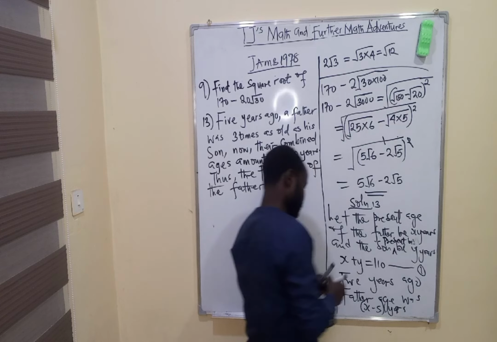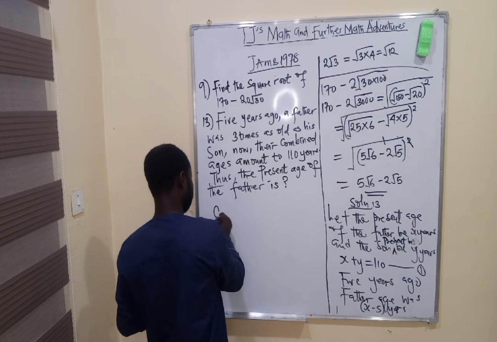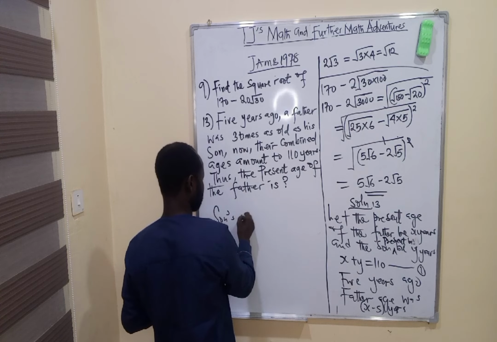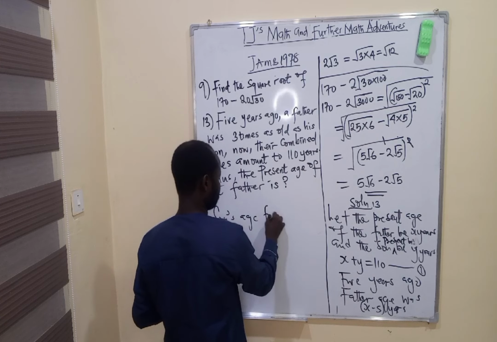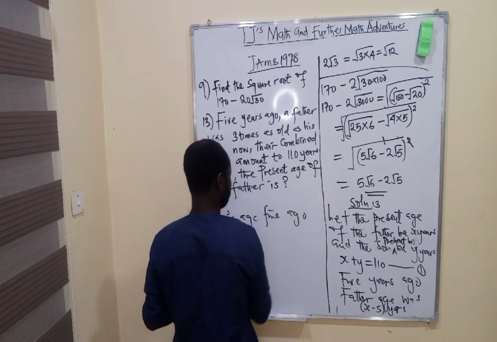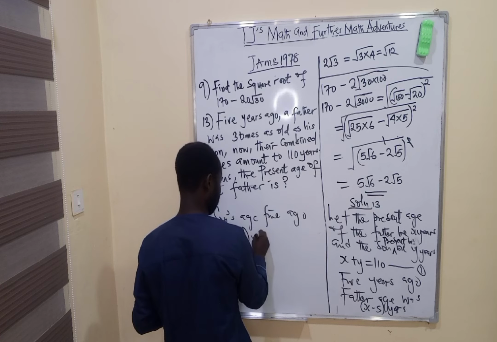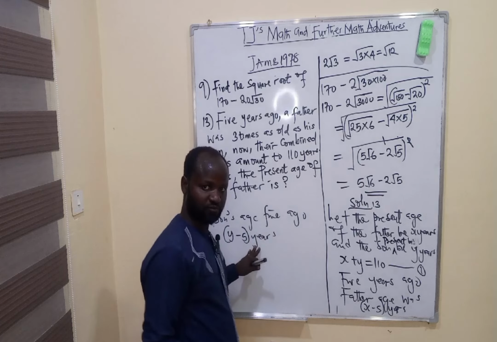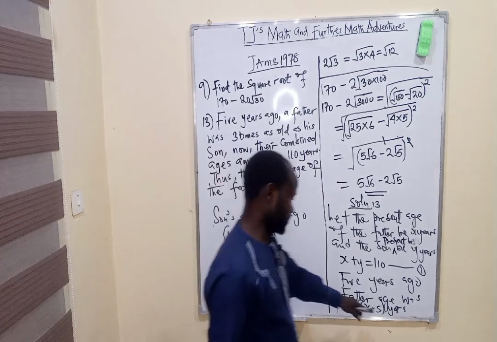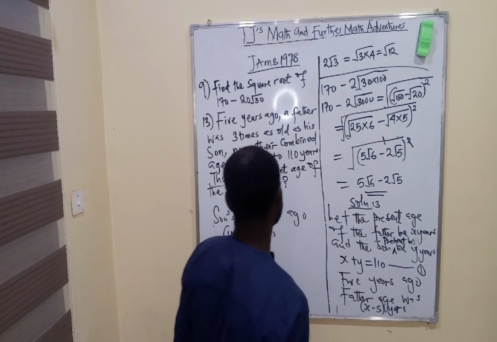Okay, so the son's age 5 years ago was Y minus 5 years. So this is the age of the son 5 years ago, and this is the age of the father 5 years ago.